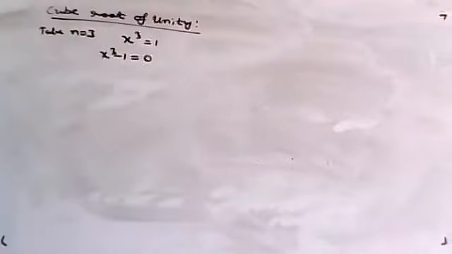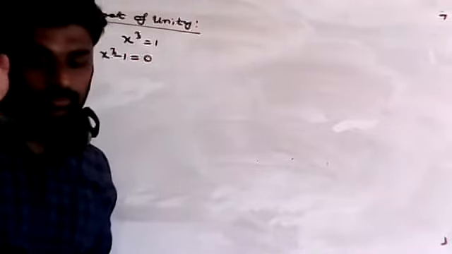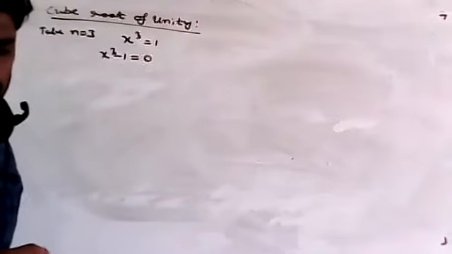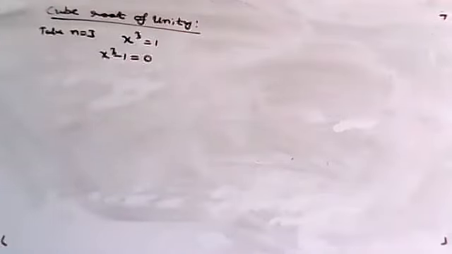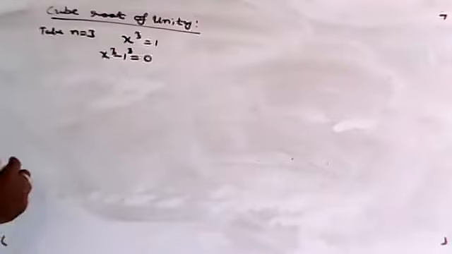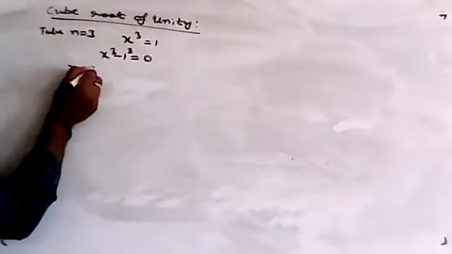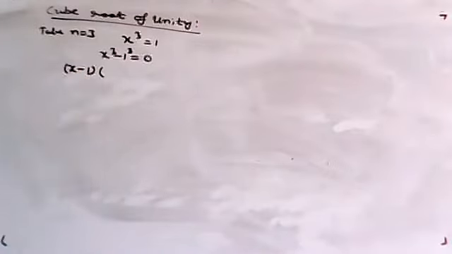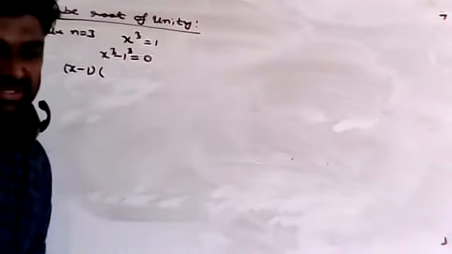Can anyone tell me what is the a cube minus b cube formula? I'll write this as x cube minus 1 cube, that we can write as a minus b, x minus 1 into, no, I'm asking the a cube minus b cube formula.